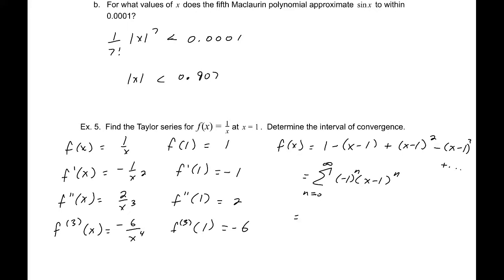Now, I'm going to go ahead and write this as, actually, we'll leave it that way. Let's not rearrange that any. So that is our Taylor series for f of x equals 1 over x.